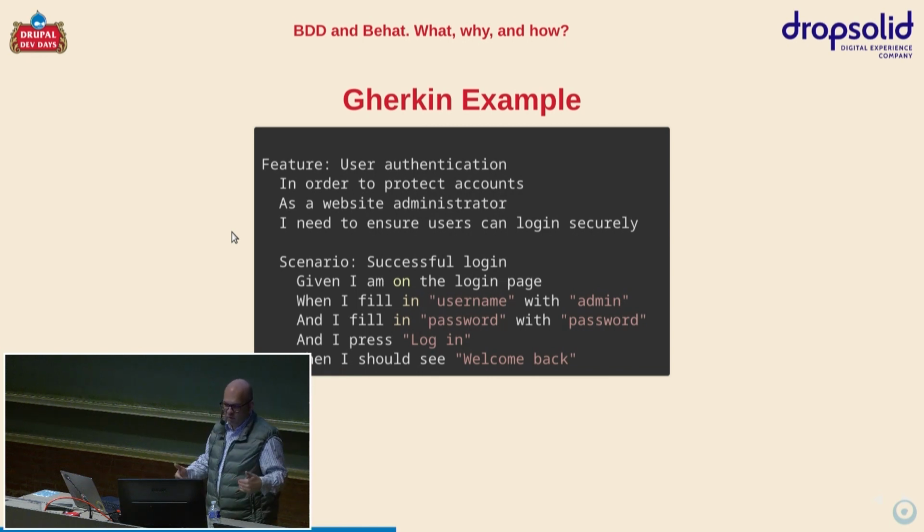So we have a step definition called I am on the page, and it has the page name as a parameter. Then, when I fill in username with admin, this also could be a step definition. There is an actual step definition for this line, and this step definition function has two parameters, name and value, right? So there's a field name and a field value.